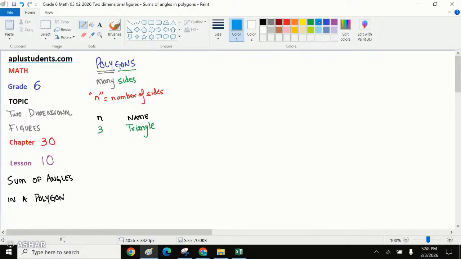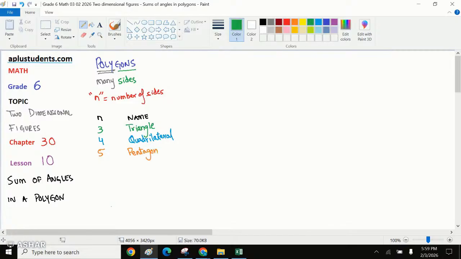Okay, if there were 4 sides, we call it a quadrilateral. A 4-sided shape is always known as a quadrilateral. If there are 5 sides, it's known as a pentagon.